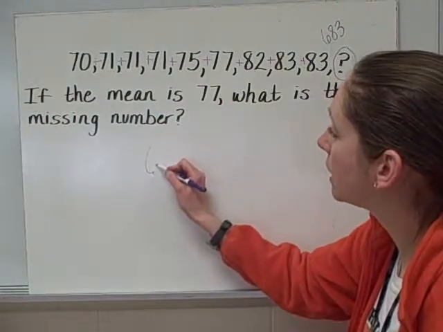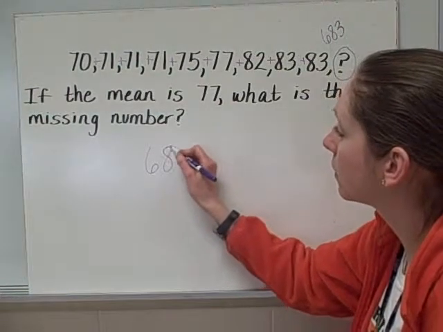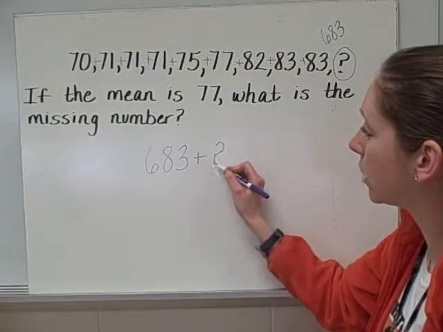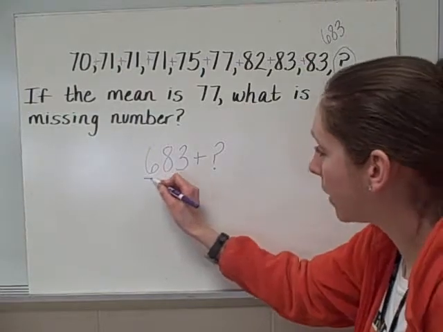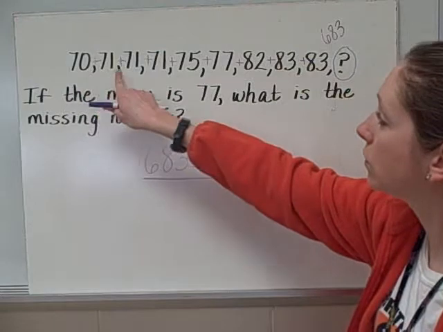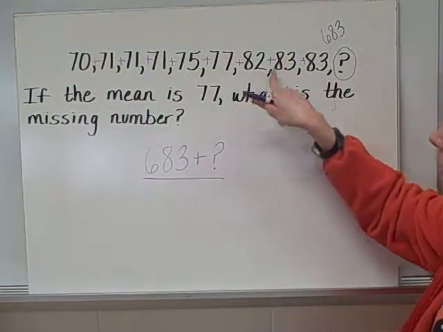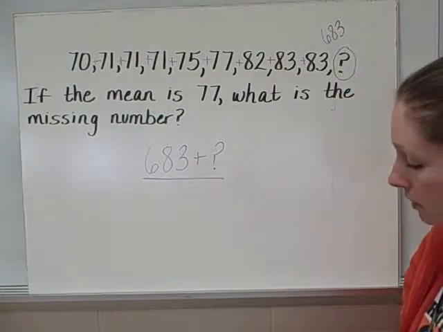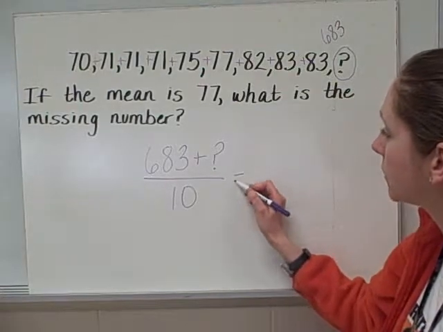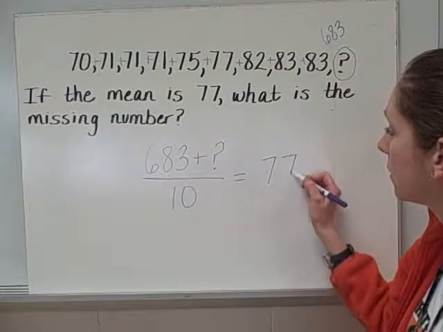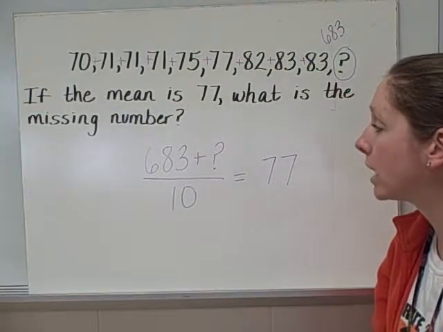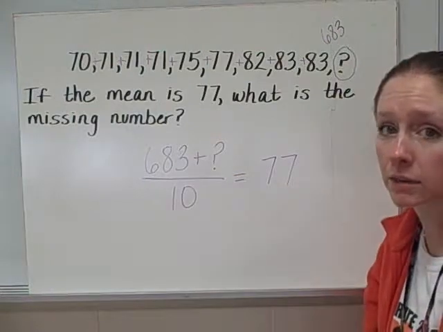Well, 683 plus some mystery number that I'm trying to figure out, divided by how many scores I have, which is 1, 2, 3, 4, 5, 6, 7, 8, 9, and 10, includes that mystery number, equals 77. So I've really got an equation here. Think about what we would do if we were trying to get this question mark by itself.